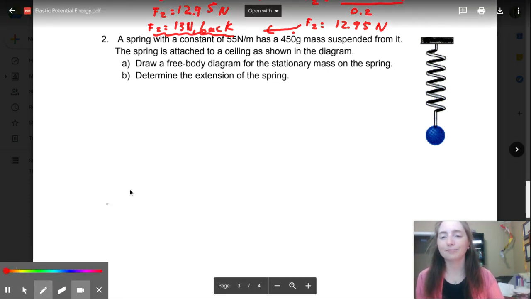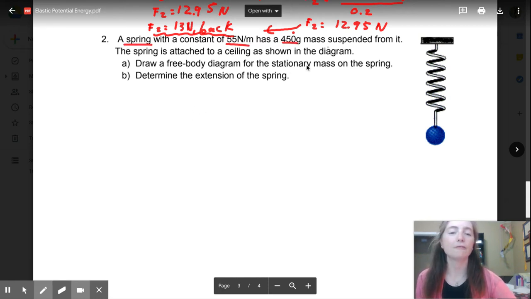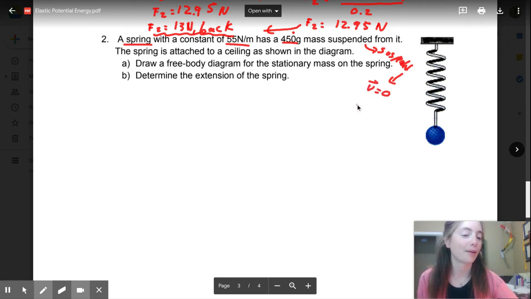All right. So, ladies and gentlemen, a spring with a constant of 55 newtons per meter has a 400-gram mass suspended from it. Okay, ladies and gentlemen, key piece: suspended. Now, that is another way of saying that our velocity is equal to 0. Well, we're dealing with forces. What do we know about forces when we have a zero speed? Speed is 0 meters per second.